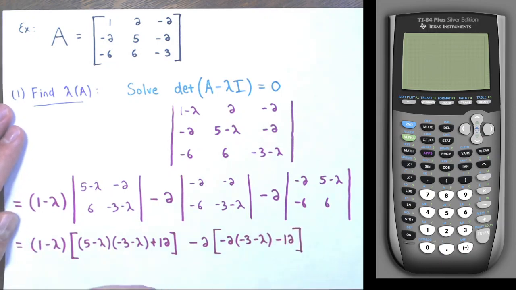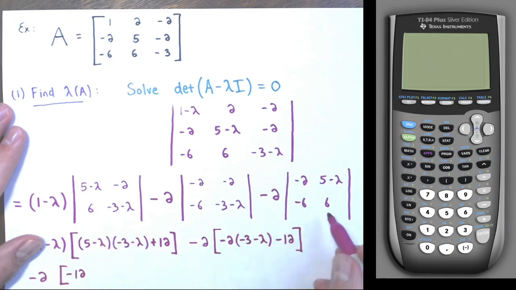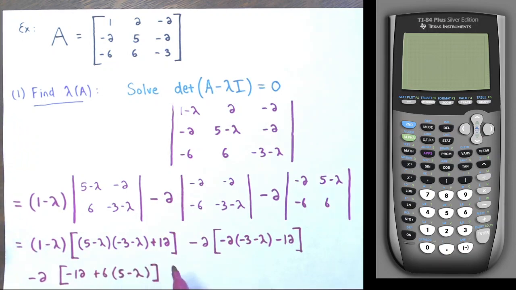Then we have minus 2 times, in a bracket, this determinant: negative 12, then minus negative 6 times 5 minus lambda, so plus 6 times 5 minus lambda. I'll simplify all this on the next page.